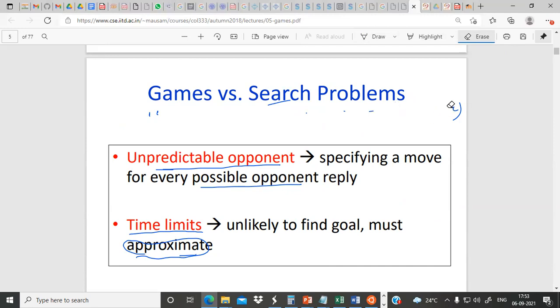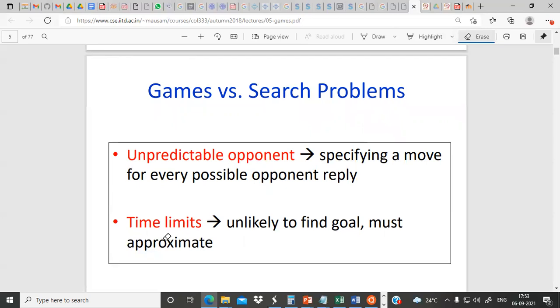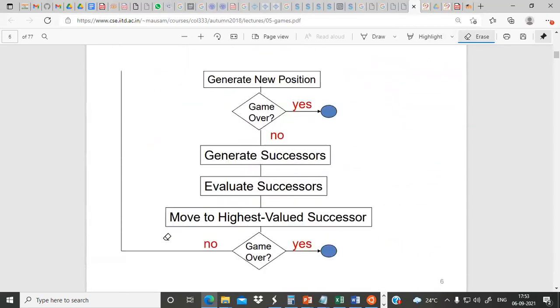Then accordingly, we should make the best choice. And also there is the factor of a time limit. For every move, we cannot take unlimited time because our time is limited. So we cannot evaluate everything, identify the best one, and then make the move. No, we should follow some form of approximation techniques, right?